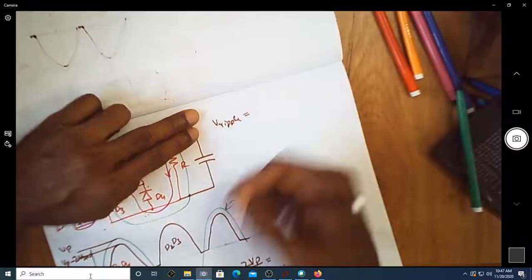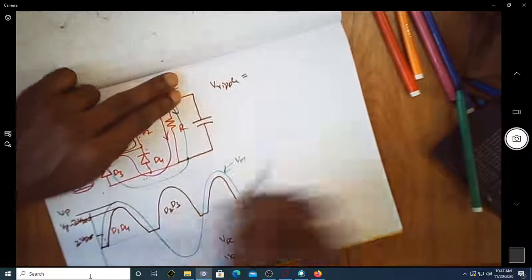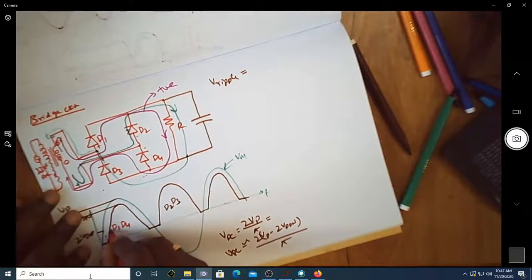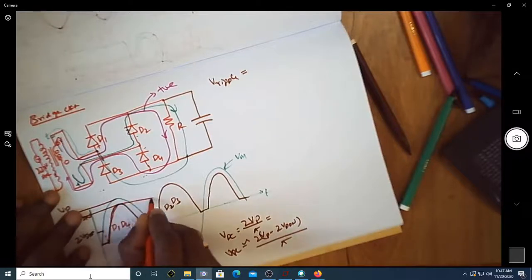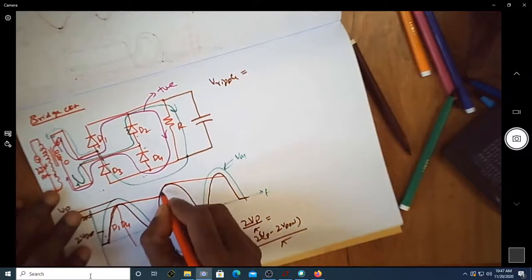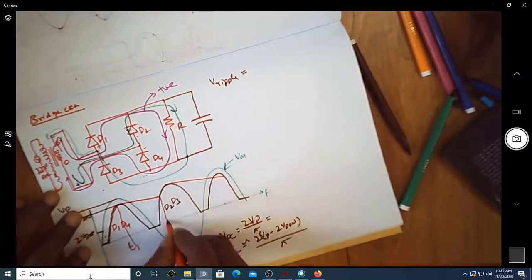So ripple voltage, as we found out there. Once you put the capacitor, will it go like this? It just goes along with this till here, then discharges, again charges, discharges. If you consider this as T1, this is T2, this is T3.